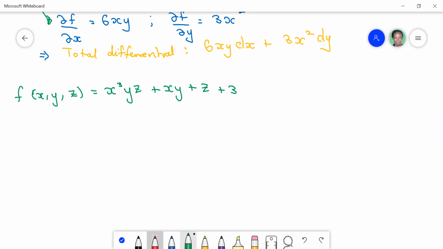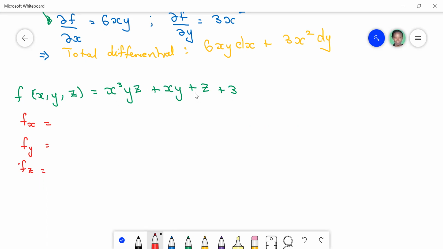So what it first means is that I need to find the partial derivative of f with respect to x, the partial derivative of f with respect to y, then the partial derivative of f with respect to z. So let's find this with respect to x.